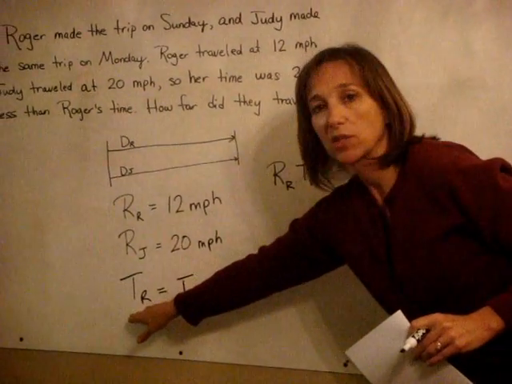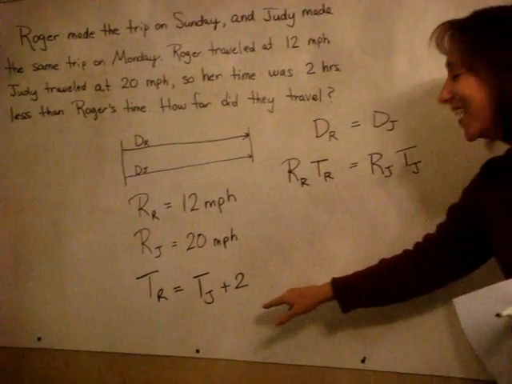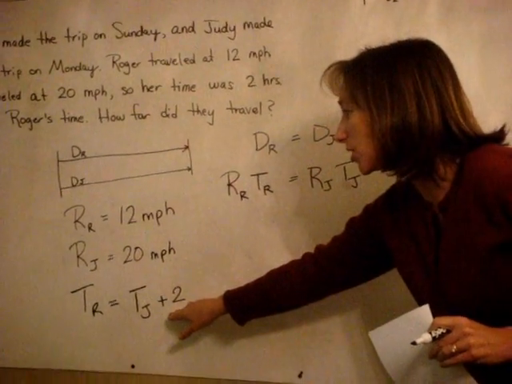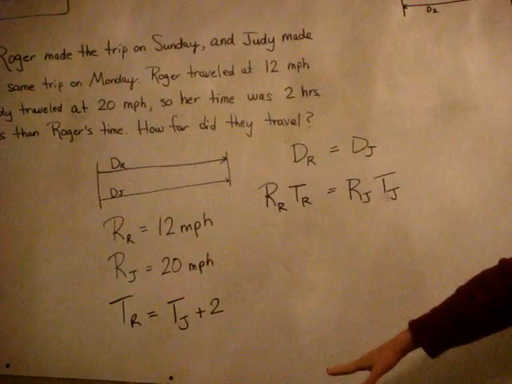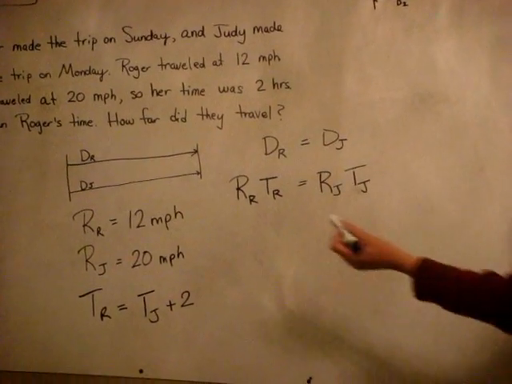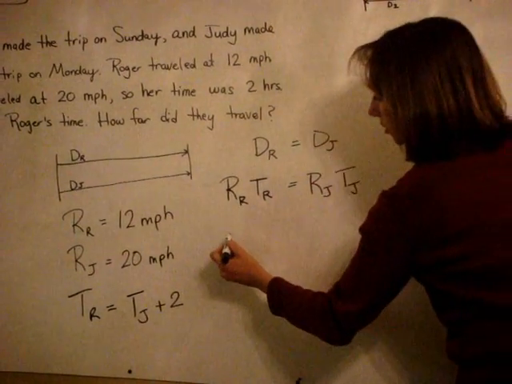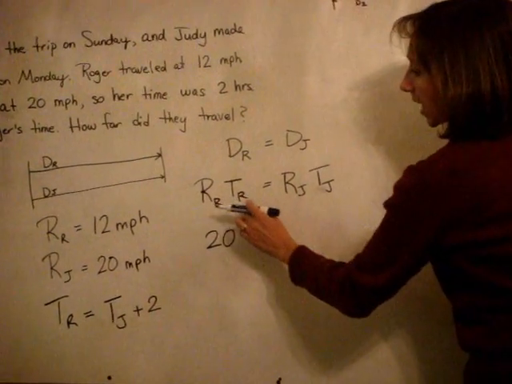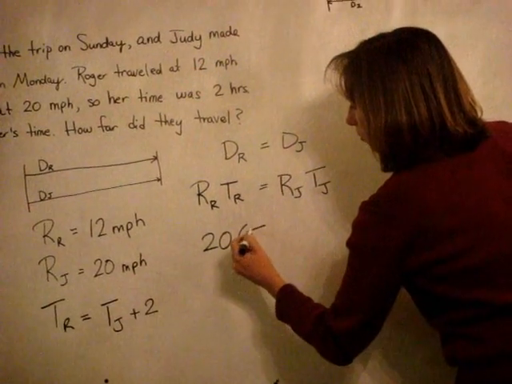His time is 2 hours more than hers, so we have to add 2 to Judy's time to make them equal. So now we have some information and we're going to plug it back into our original problem. The rate of Roger is 12, so I'm going to put that in for the rate of Roger. The time of Roger, we know, is the time of Judy plus 2. So we're going to put that in here.